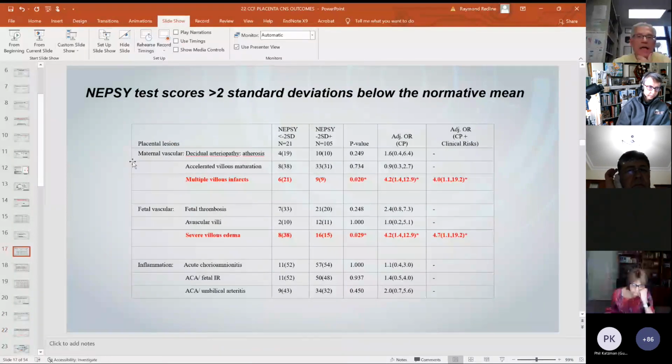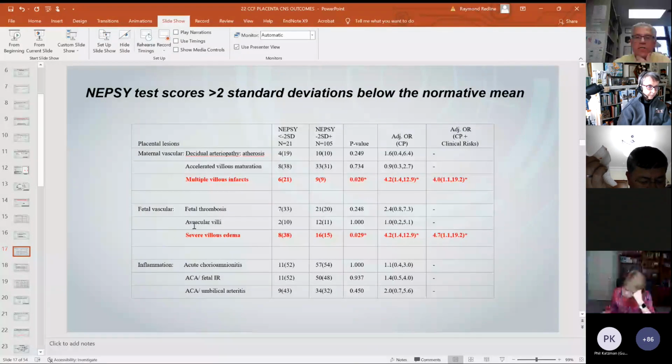So first, looking at the NEPSI test, and here we're looking at scores that are more than 2 standard deviations below the normative mean. And again, we find that severe maternal vascular malperfusion, in this case multiple villus infarcts, was a significant predictor of abnormal NEPSI scores. But we also see that the severe villus edema that we saw in the previous study is also a significant predictor of these neurocognitive abnormalities.